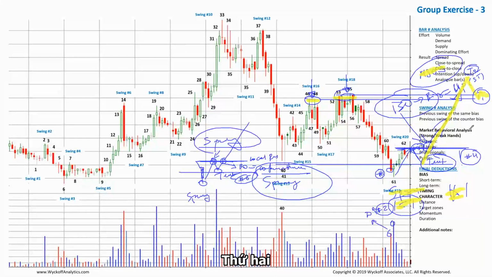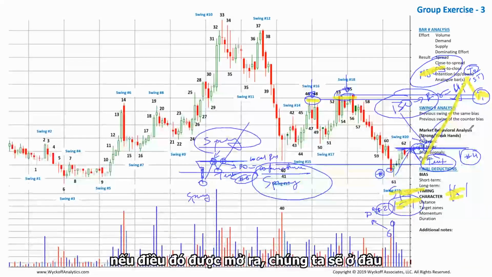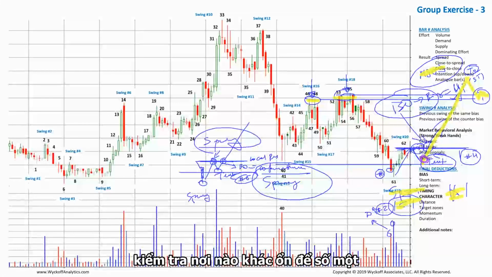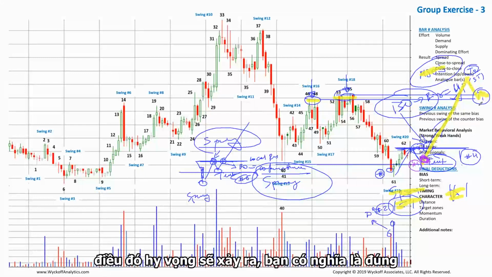Secondly, if that were to unfold, where would we open a position? You'd be opening a position after 60. Oh, after that test. After the first test. Where else? Okay, so number 1, up at the backing up action that will hopefully occur.